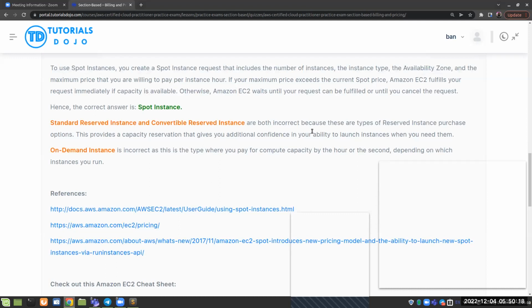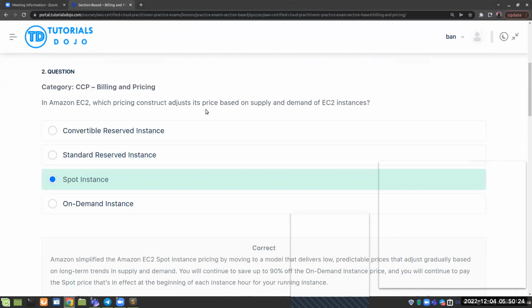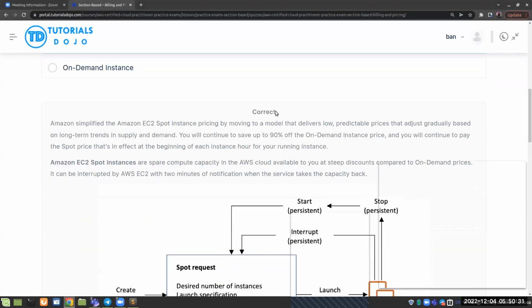So that is why it's always an offer, and that's why the pricing construct is price based on supply and demand. As long as there's less demand, you are able to create spot instances, and the price will depend on how much available resources there are.